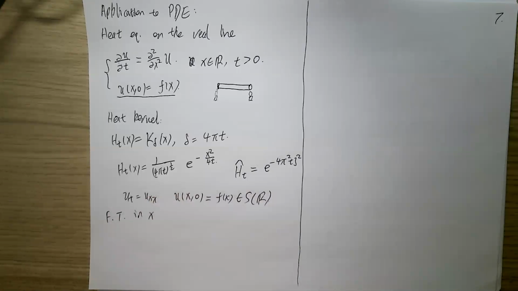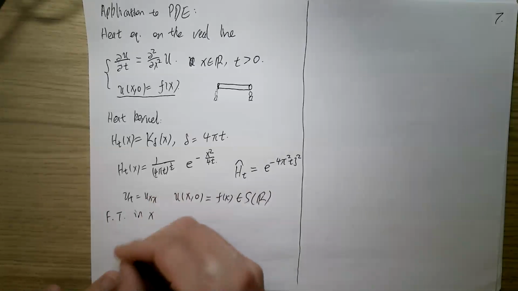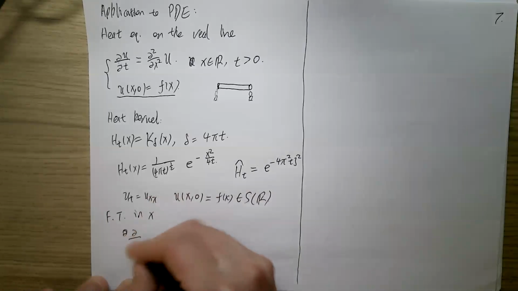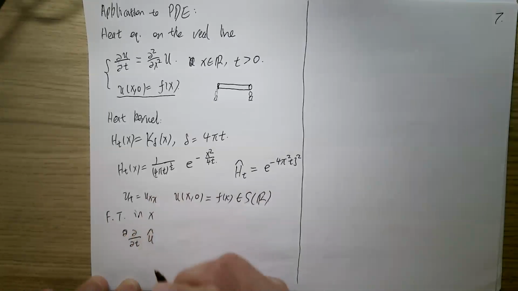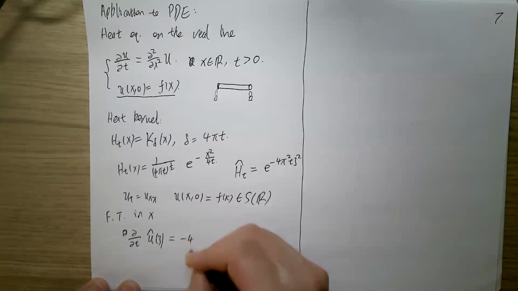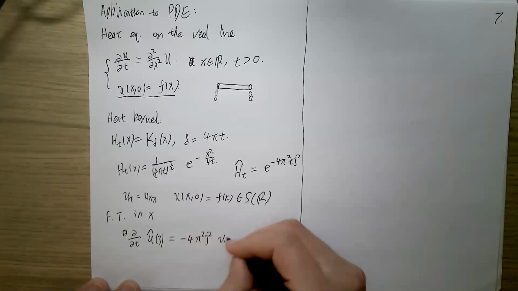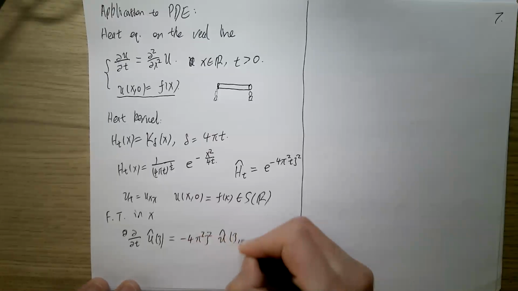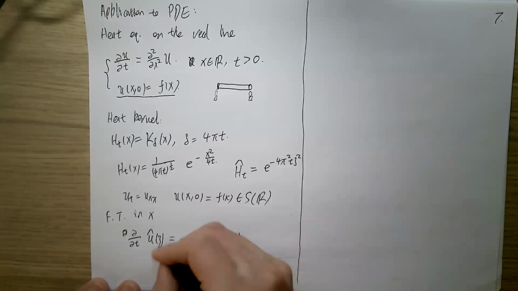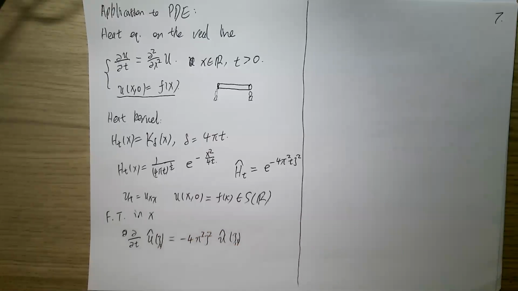What happens is that the left hand side is still partial t of u hat of xi, and the right hand side will become minus 4 pi squared xi squared u hat of xi. Now, of course, it depends on t as well.